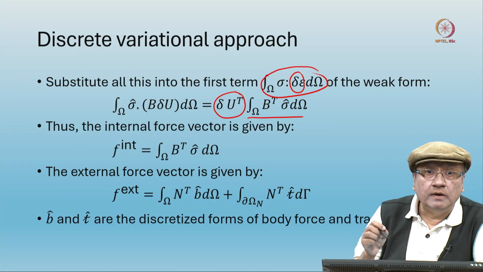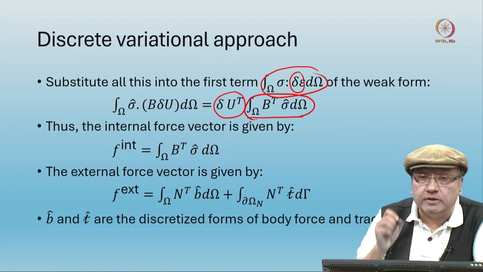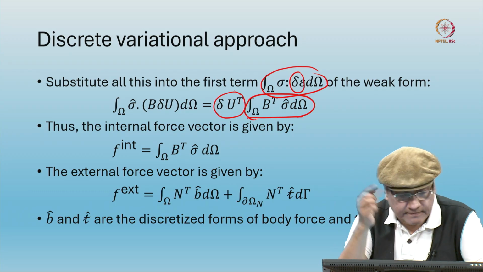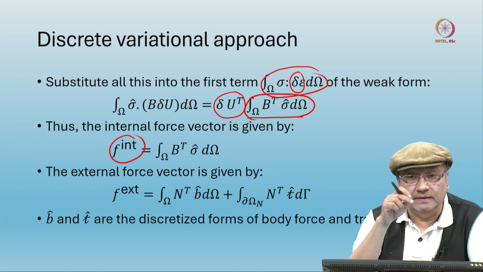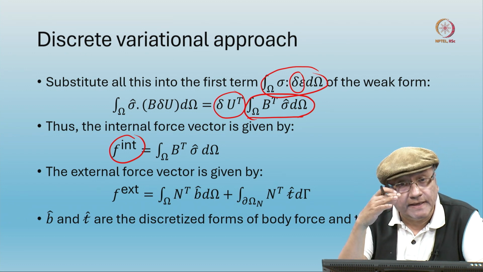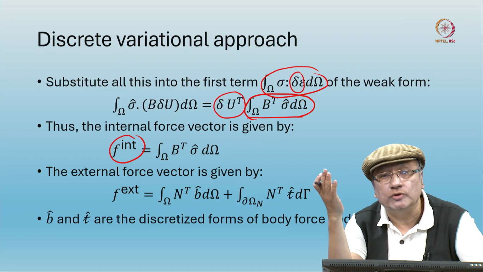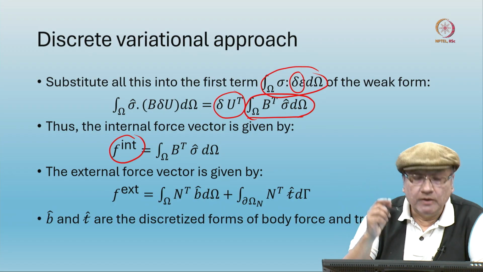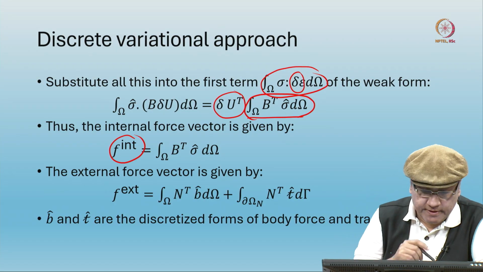We can therefore think of this quantity as the internal force F internal, which acting on the discrete displacement degrees of freedom in the virtual form delta U is producing the virtual work. You see that point? So F int is the corresponding internal force.